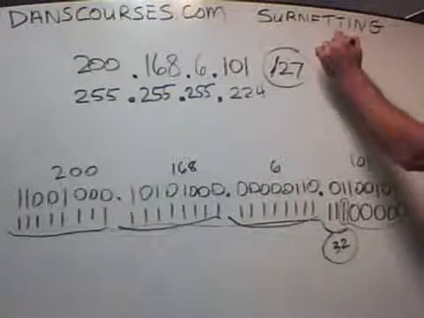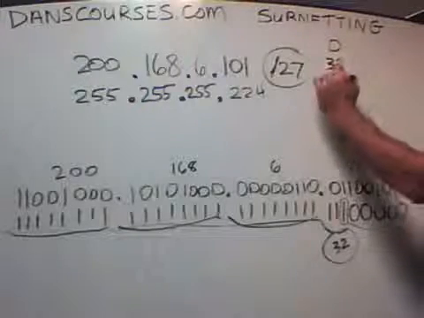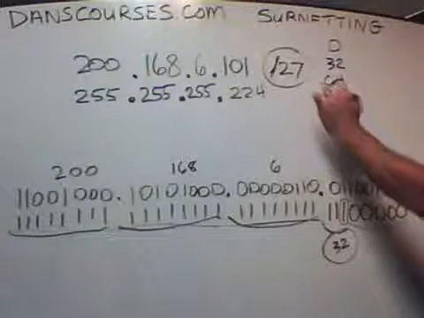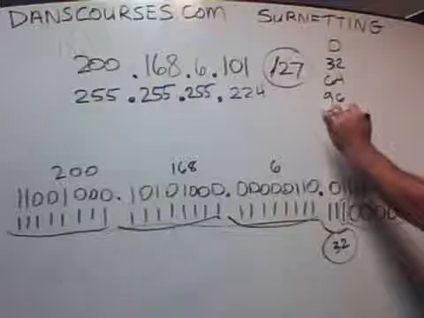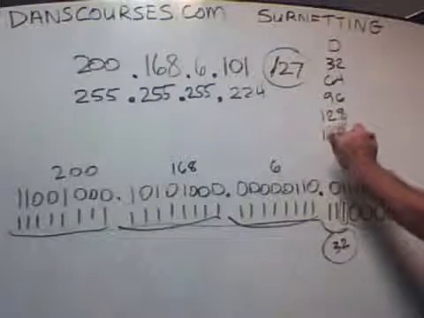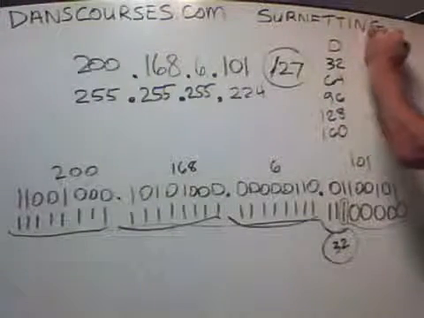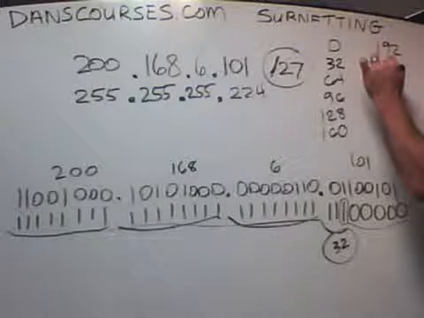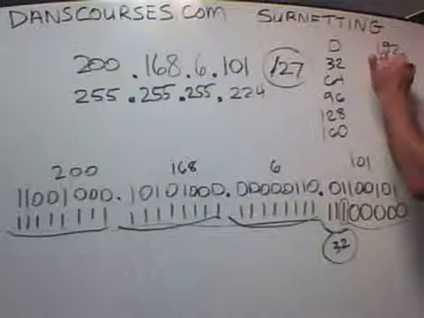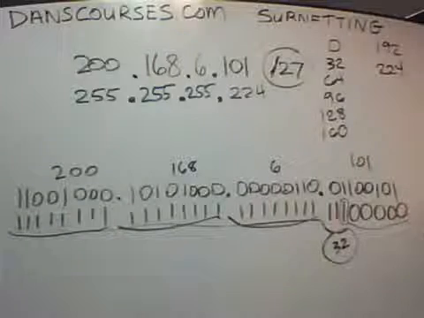The networks will start at 0, 32, 64, 96, 128, 160, 192, 224, and those will be the networks.